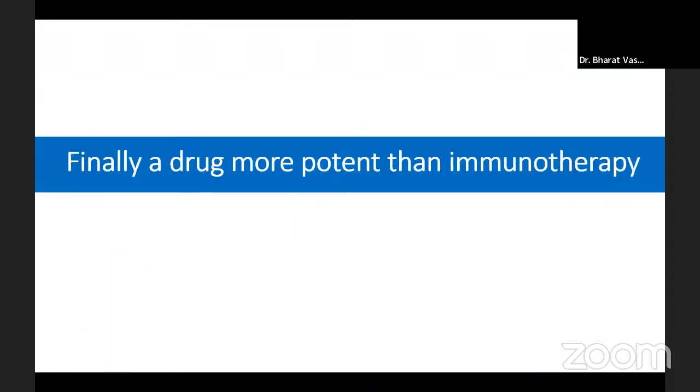The first question: is there something more potent than immunotherapy in non-small cell lung cancer? Ten years back, we had chemo. Immunotherapy changed the way we looked at lung cancer: Pembro, Nivo, Atezo, Durvalumab. Now we will probably be moving one step beyond immunotherapy, and that is the most talked-about study at WCLC and ESMO.